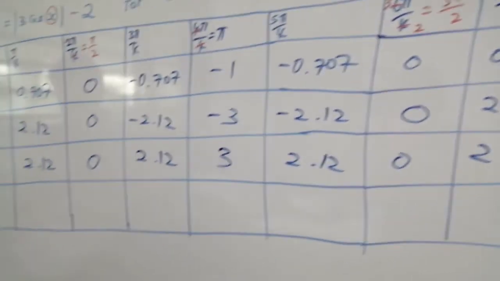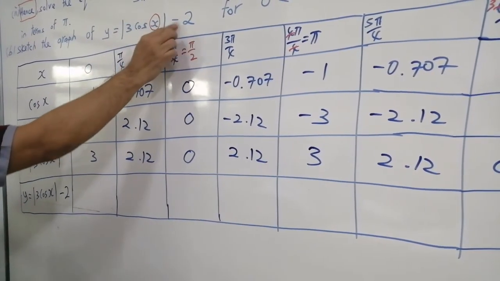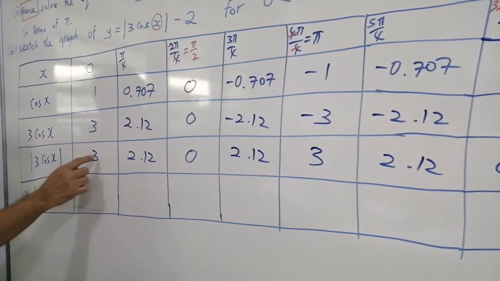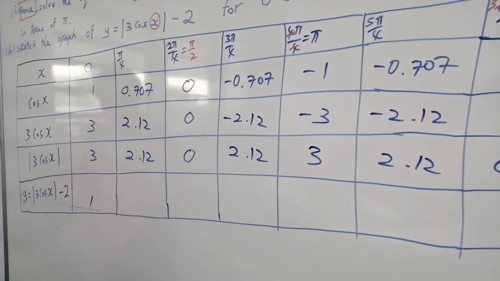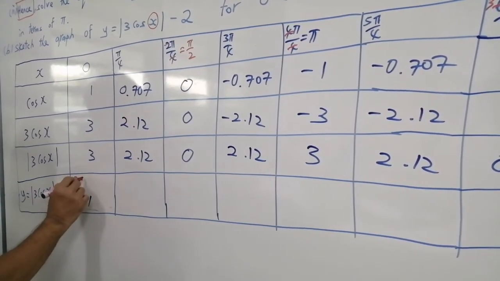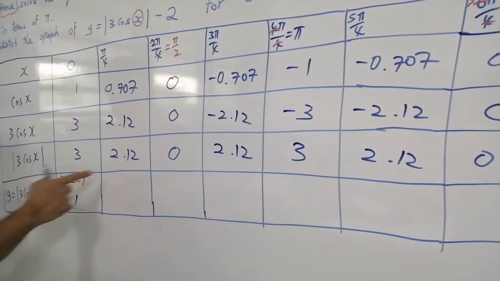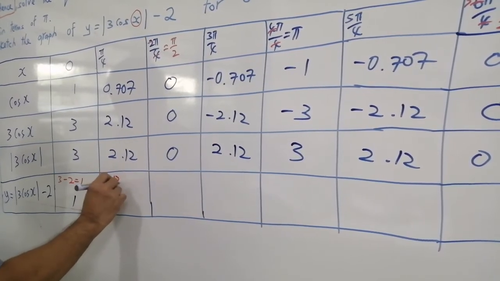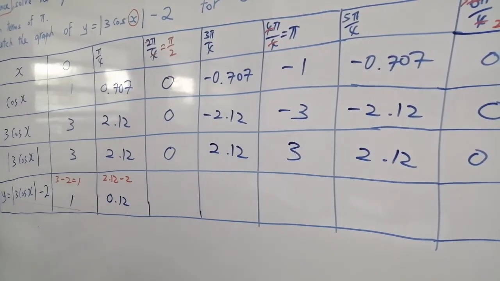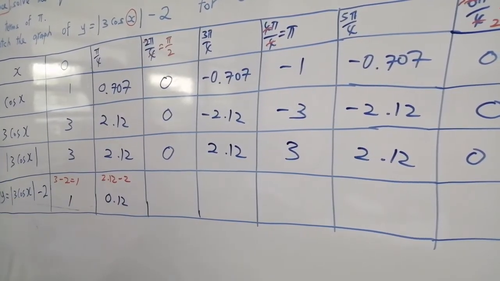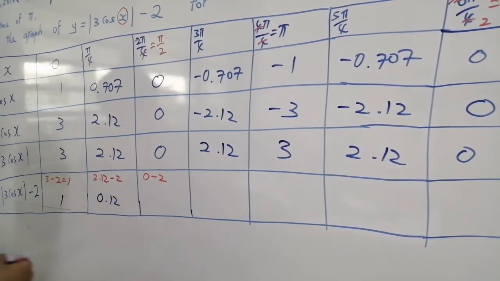Then at last, my final one is the whole modulus of 3 cos x, and I need to minus 2. So I need to minus 2 from 3. 3 minus 2 will be equal to 1. Then 2.12 minus 2 will be equal to 0.12. Then 0 minus 2 will be equal to minus 2.